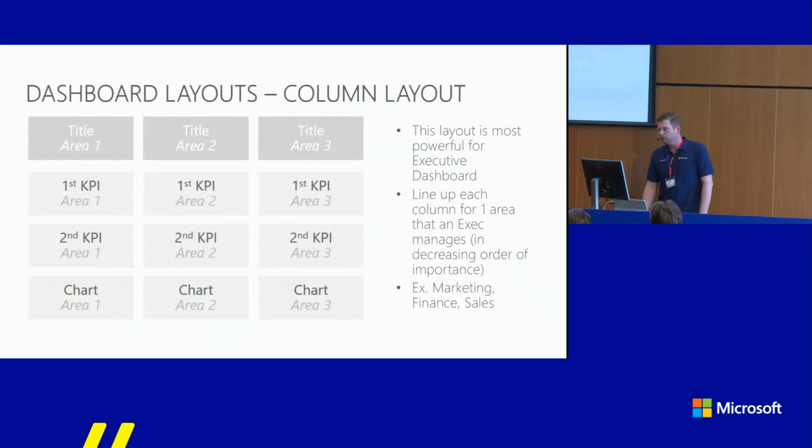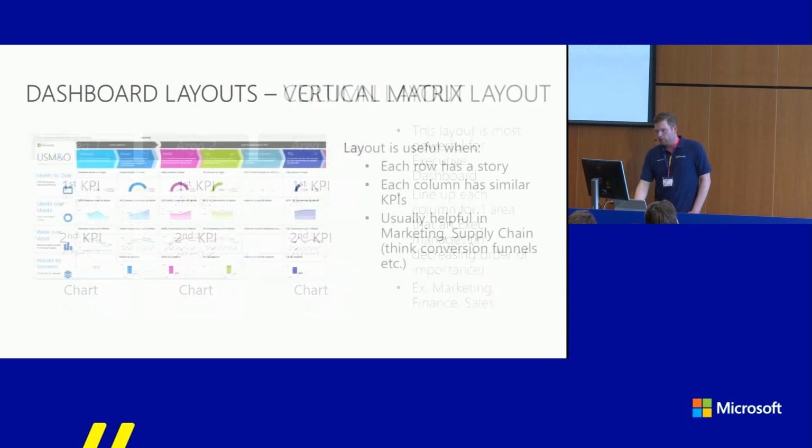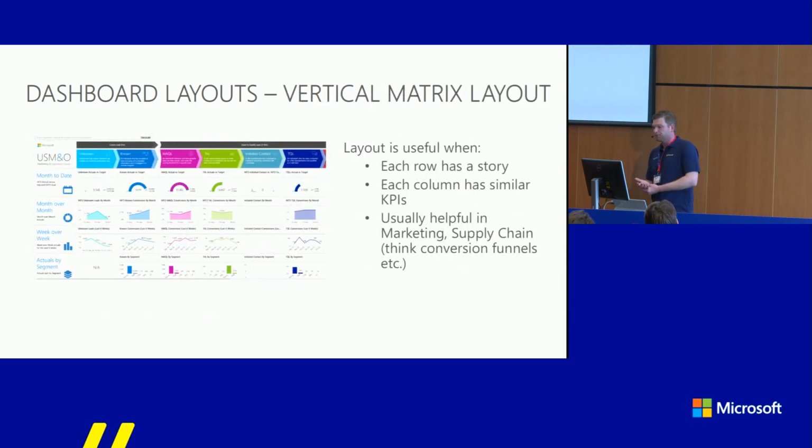On a dashboard, a column layout is really helpful with a vertical split of areas and then more KPIs per area. But you can also do it in a vertical layout where month to date is like this, actually a matrix with vertical and horizontal layout.